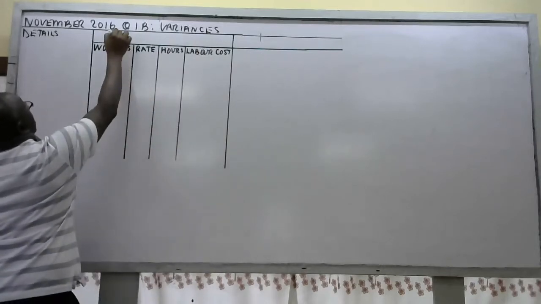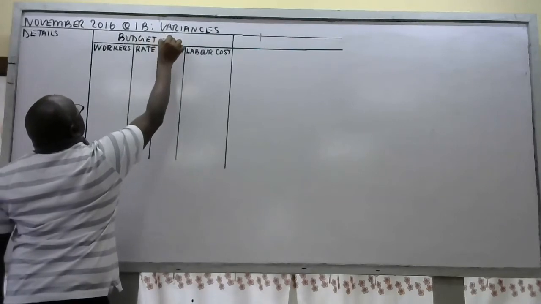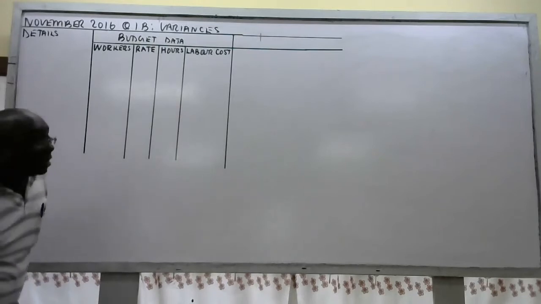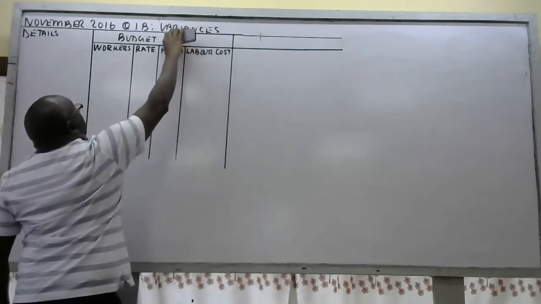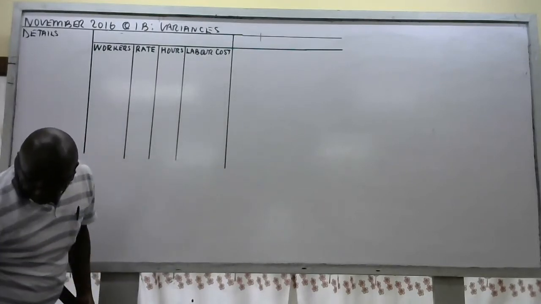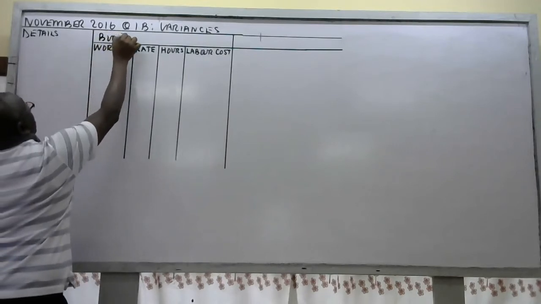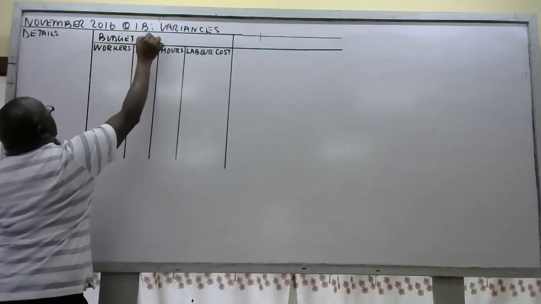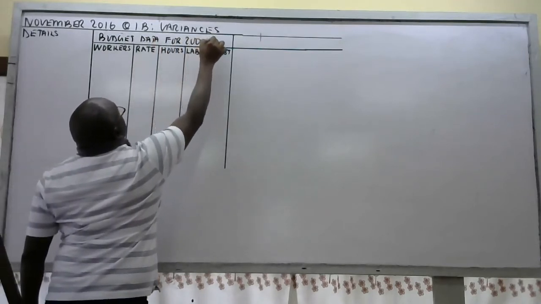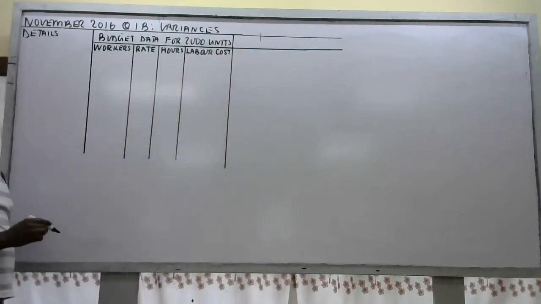This will be for the budget data, budget data for 2,000 units.